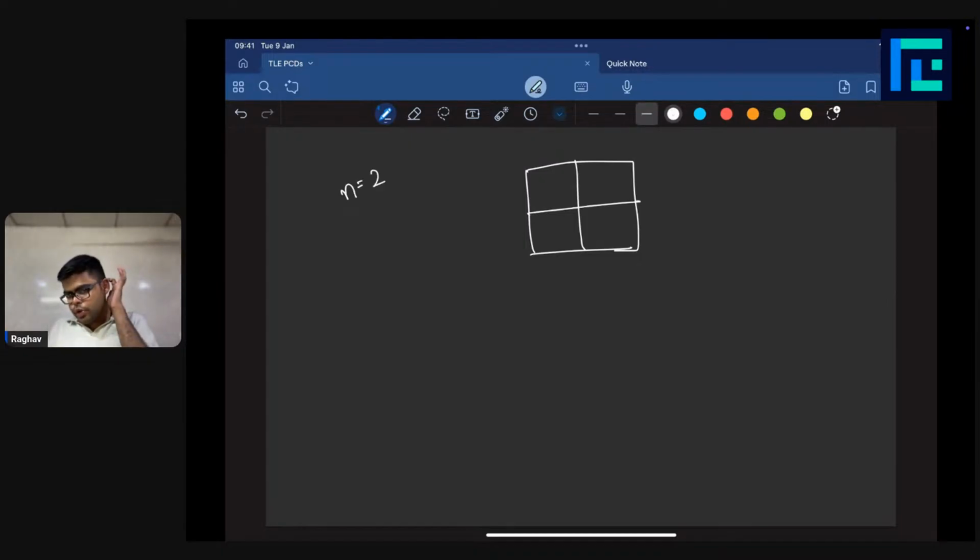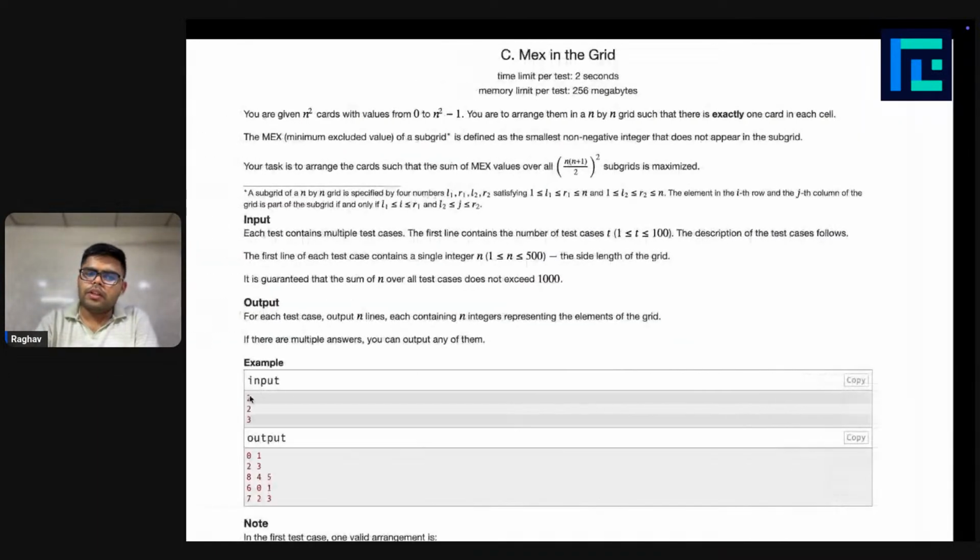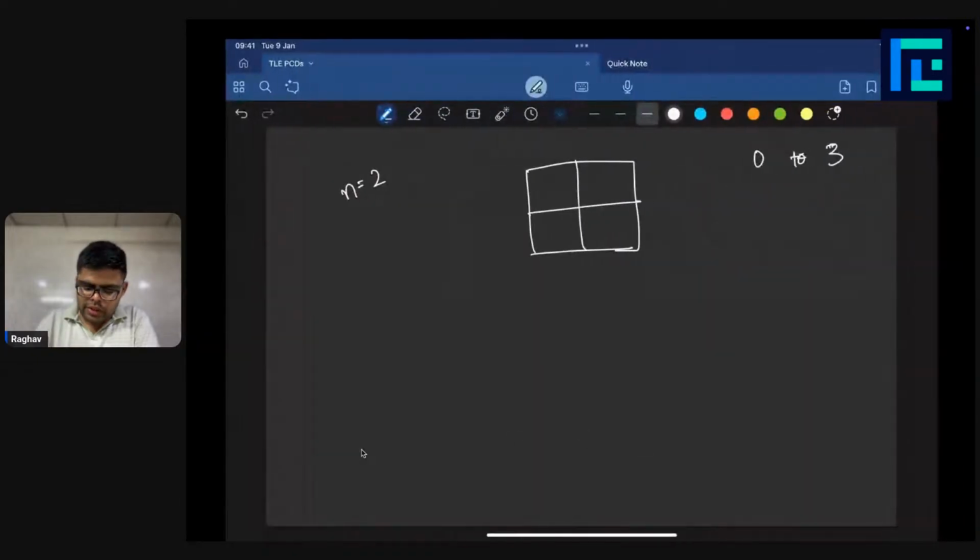In n equal to 2, you have to construct a 2 by 2 grid such that the values from 0 to n square minus 1, that is the values from 0 to 3, would be placed in the array, something like 0, 1, 2, 3, and the MEX should be maximized. So the solution in the sample test case is just 0, 1, 2, 3.